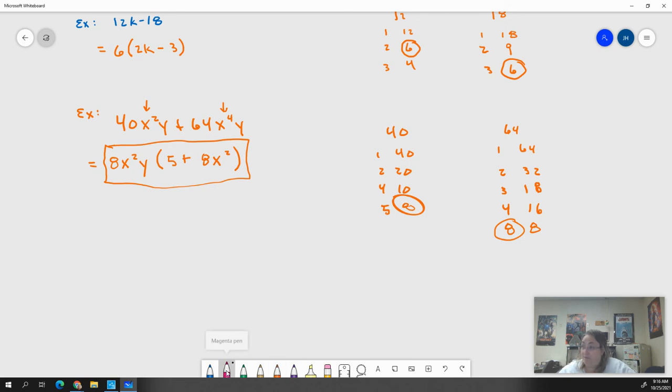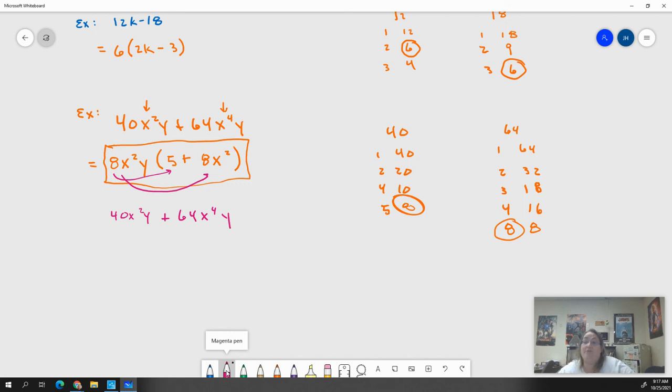If I wanted to check that solution, all I would have to do is a little bit of multiplication. This times 5 gives me 40x squared y. This times 8x gives me plus 8 times 8 is 64. X squared times x squared is x to the 4th times y.